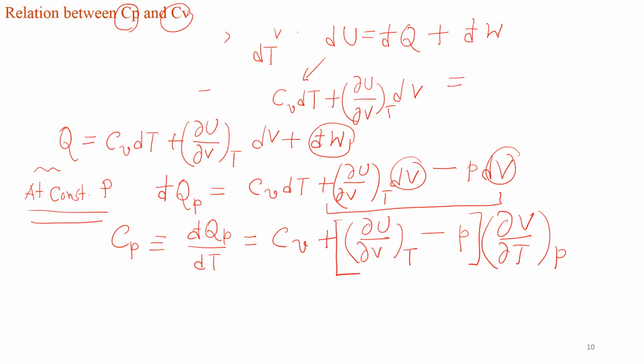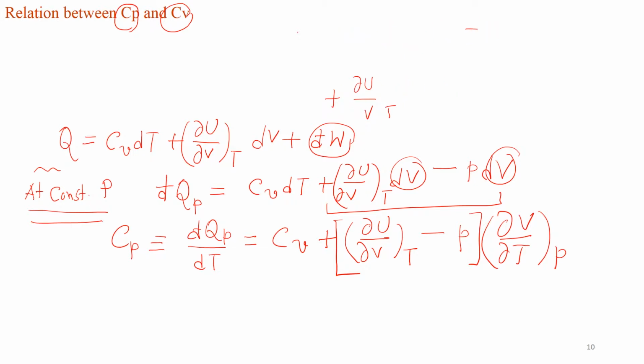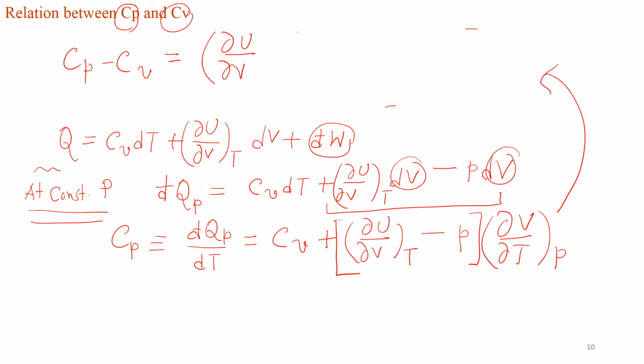and then we will discuss what are the values of Cp minus Cv for different systems. So from here we are writing Cp minus Cv is [(∂U/∂V)_T minus P] into (∂V/∂T)_P.